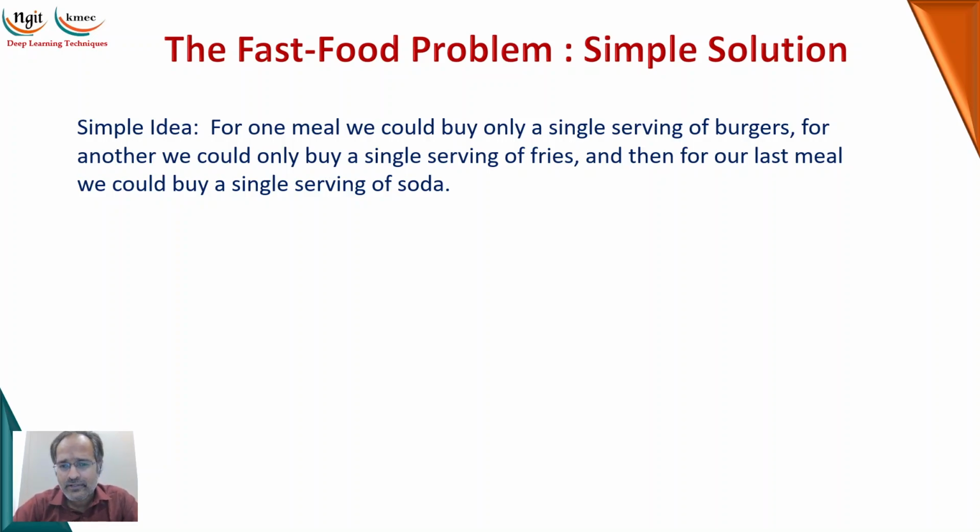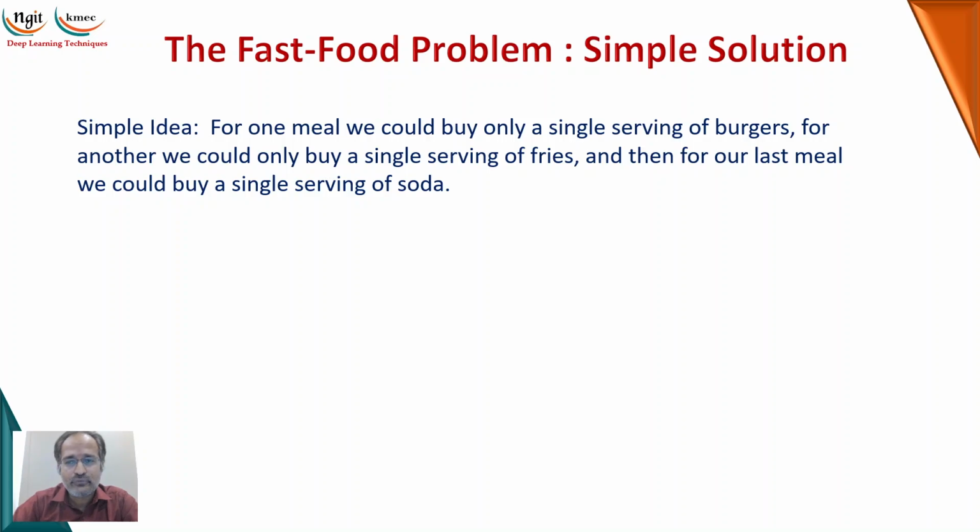We can simply order sodas in the first order, in the second order only a single unit of burger, and in the next order only a single unit of fries, so that you get the unit price obviously. Then, based on your requirement, you can easily calculate the cost by simple mathematical summation.